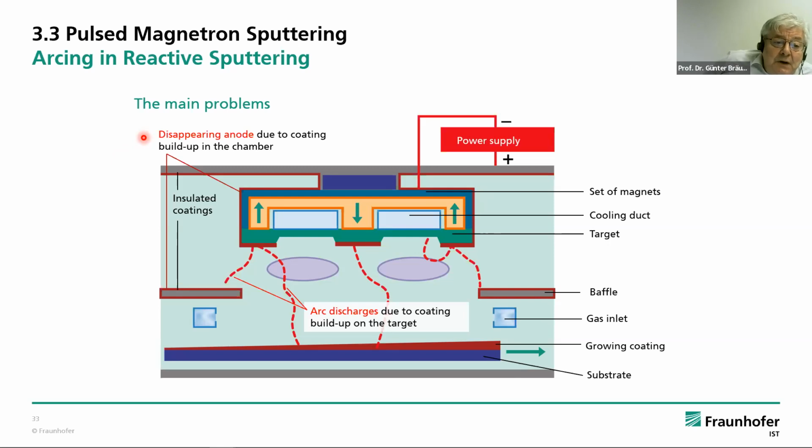So the discharge will not stop, but the plasma will get unstable, and the frequency of arcing will dramatically increase. So it was not possible to get a stable process for a long time, and we were rather disappointed. And then the idea of pulsing came.